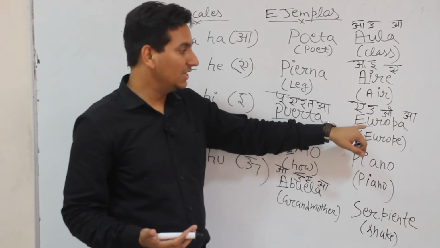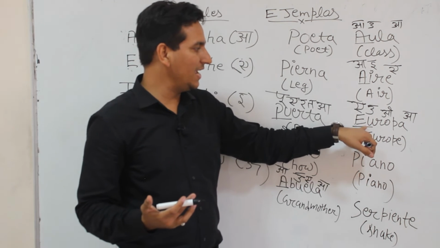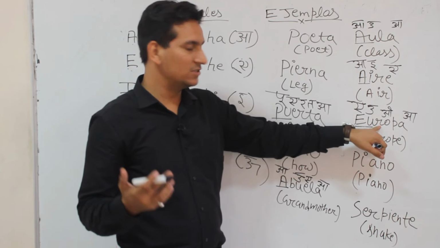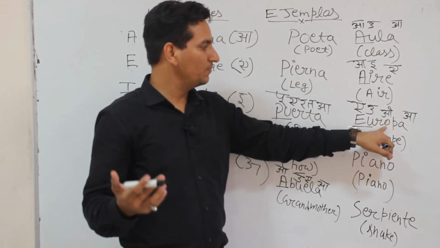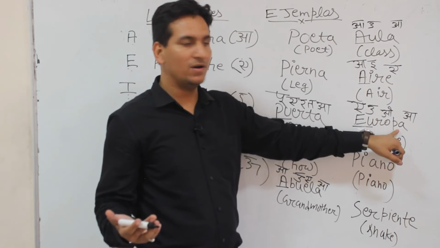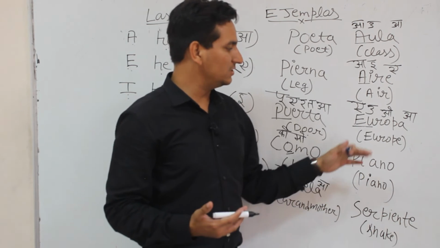So this becomes Europa. E is A, U is U, R is R sound, and then we have O, so Euro, and then we have P is P and A is A. So it becomes Europa, which means Europe.